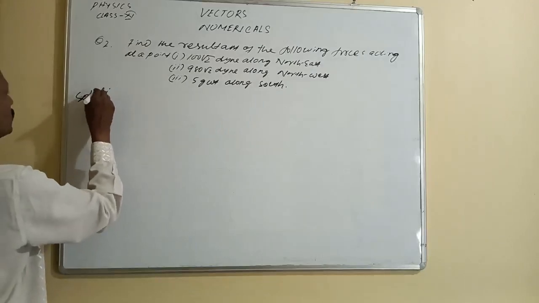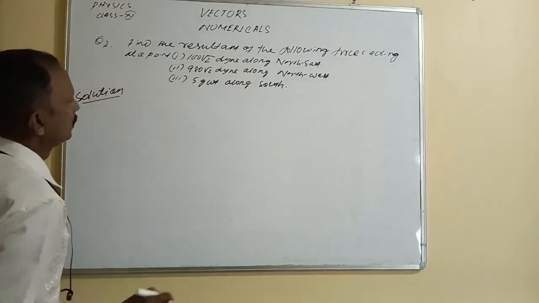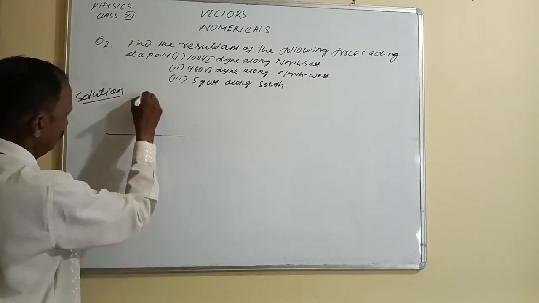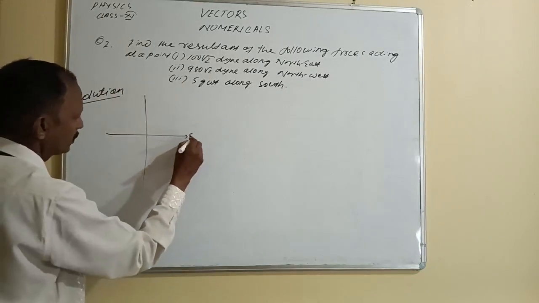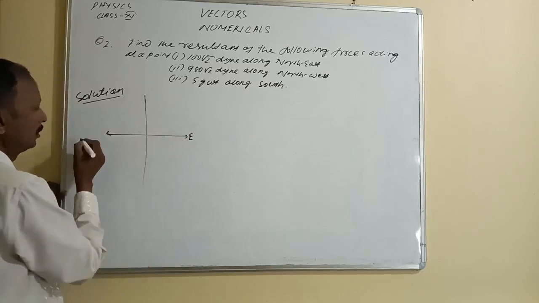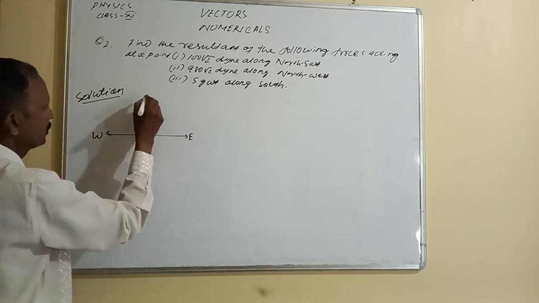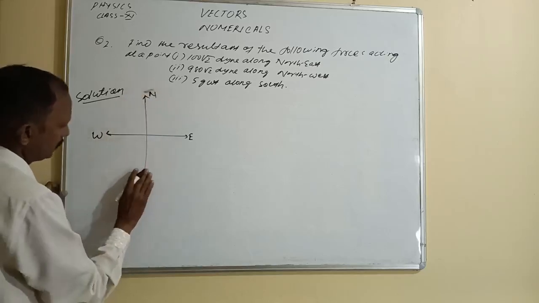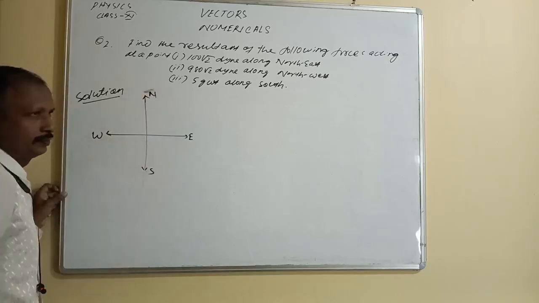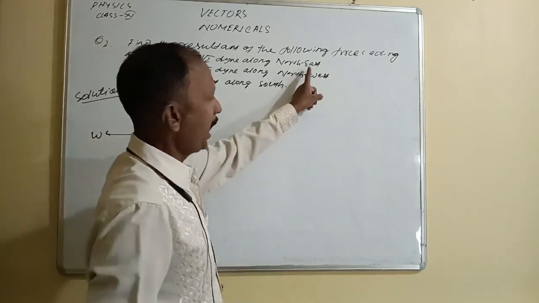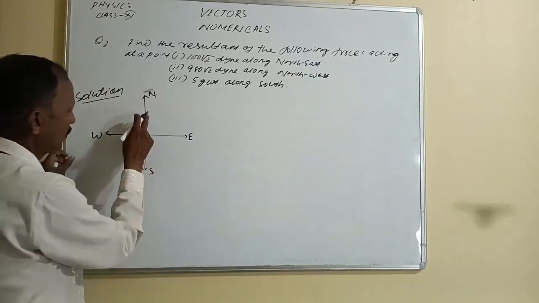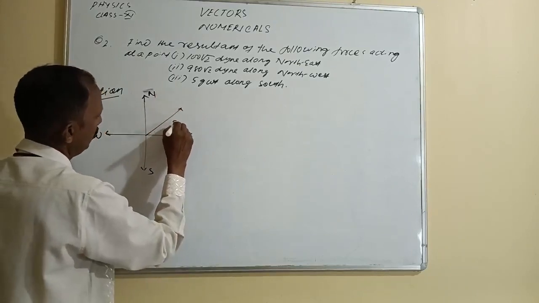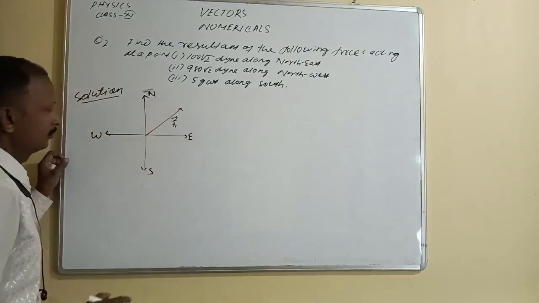So solution we write. First we will draw the figure. This is the east x-axis, this is west, this is north, this is south. One force is acting along northeast. This is northeast, that means it is like this. So we will name it as F1.